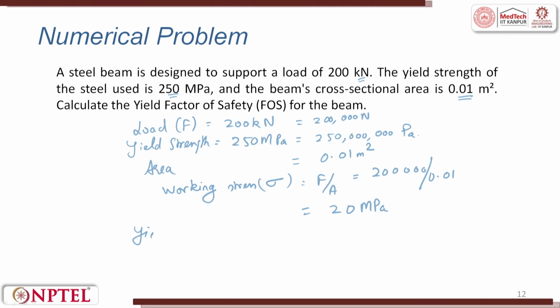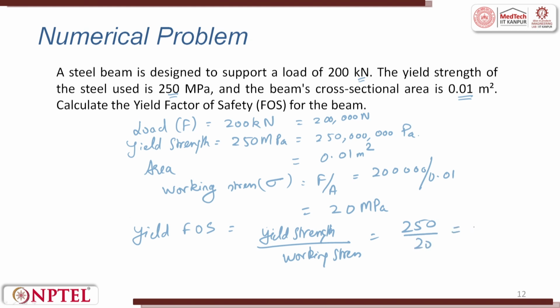The yield factor of safety is defined as yield strength divided by working stress, which is nothing but 250 by 20, which is 12.5. So, the factor of safety is 12.5 times.